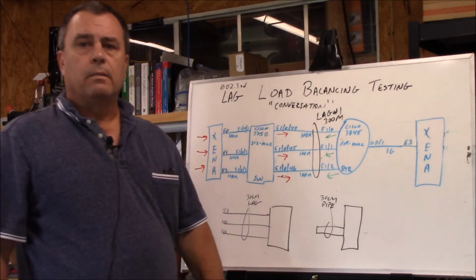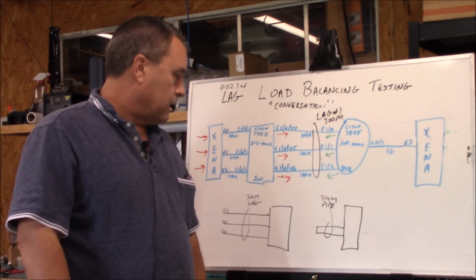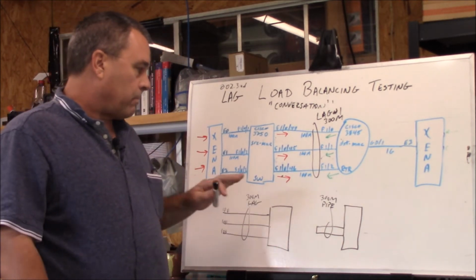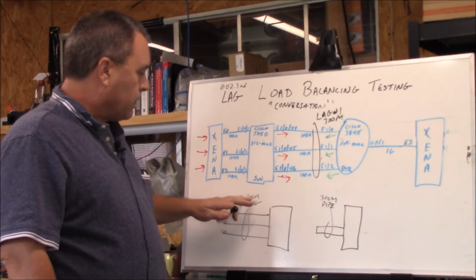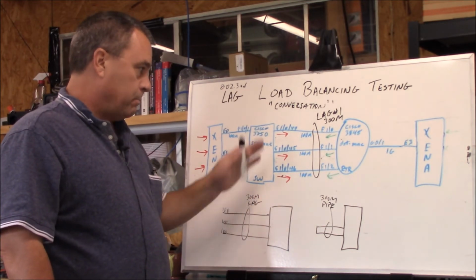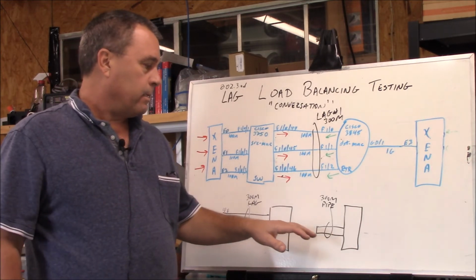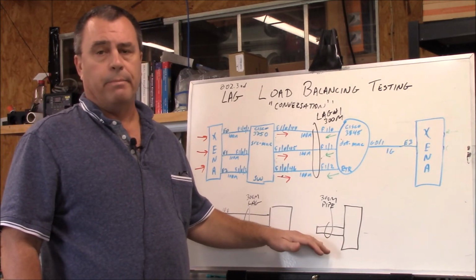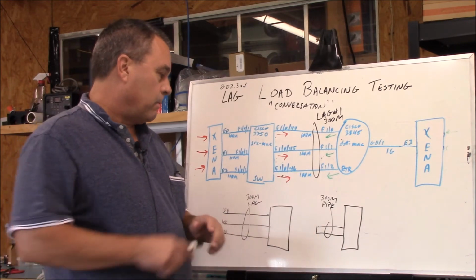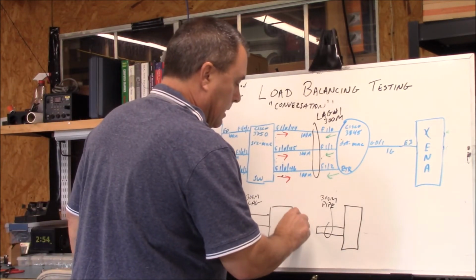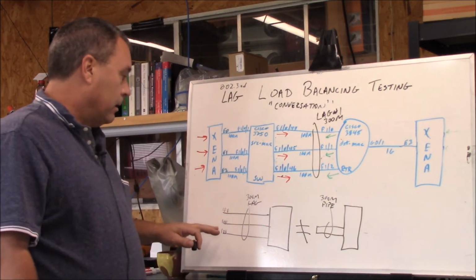One last thing I also wanted to point out before I let you guys go is a 300 meg lag, as you probably can tell, is not equivalent to having a 300 meg pipe. These are not equal.